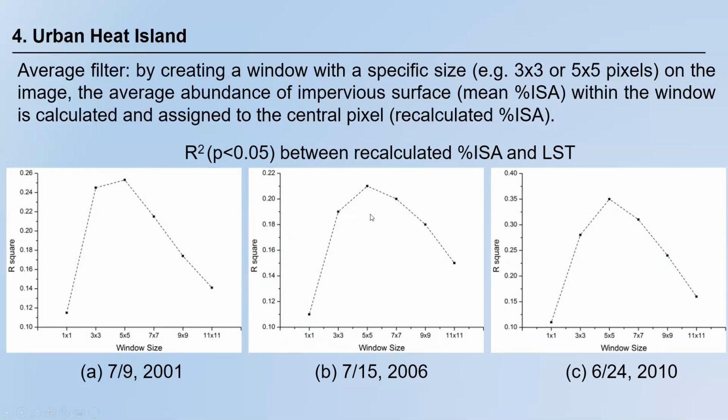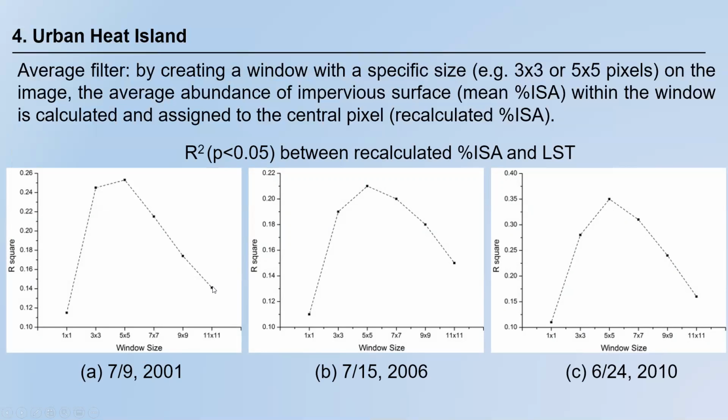It's similar for the second one, and similar for the third one. But like I said, sometimes it's not a good idea to continue to increase the size of the window. You can see that when you continue to increase, now the window is 7 by 7, 9 by 9, or even 11 by 11 pixels, this R square decreases dramatically, very fast.